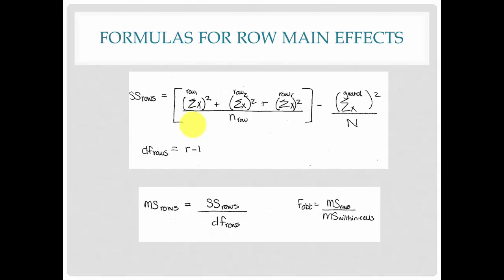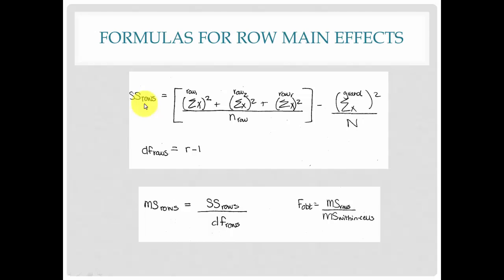But for class, in terms of calculation, I think it just makes more sense to calculate the sums of squares that we're actually interested in, that we're going to do something with, and then we can add them together to get the total. Okay, so the formula for our row main effects, our first independent variable main effects, is as follows.